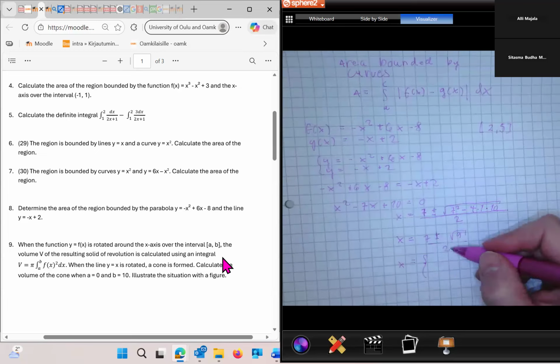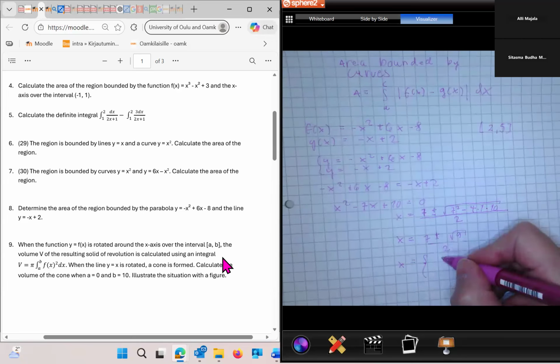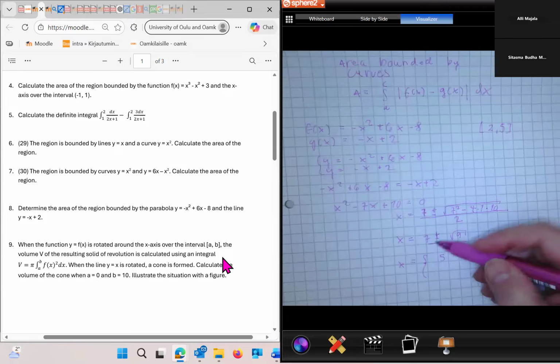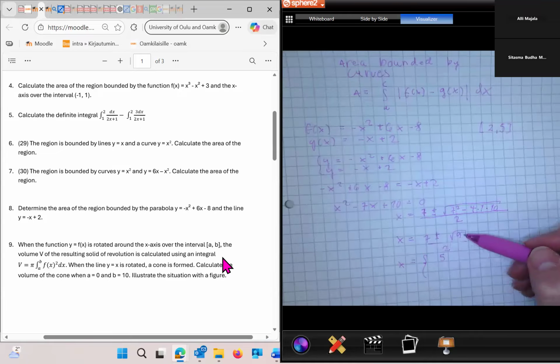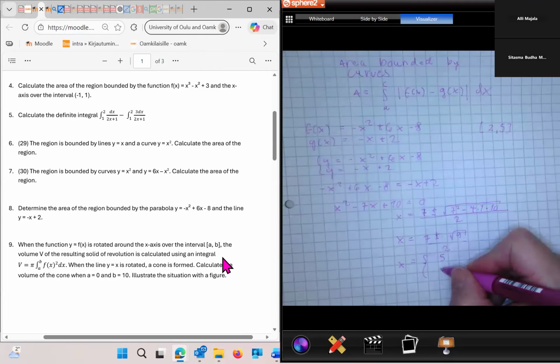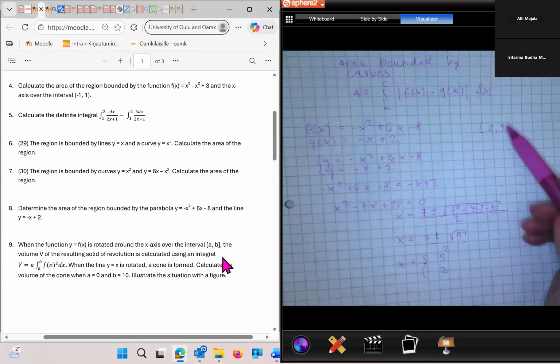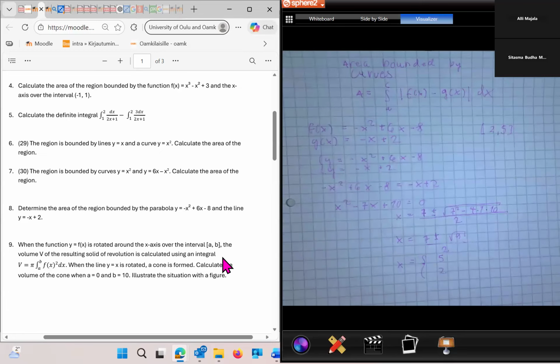So I get 7 plus 3 divided by 2, which is 5. And I get 7 minus 3 divided by 2, which is 2. And it looks like I got the same solution. It was pretty straightforward with that, even maybe faster than with my calculator.